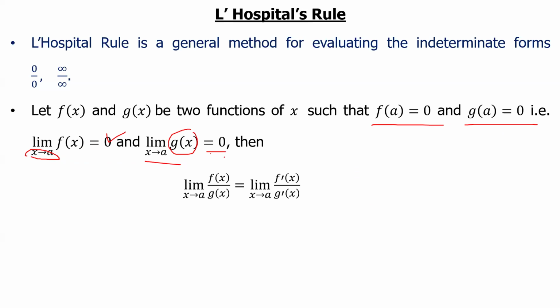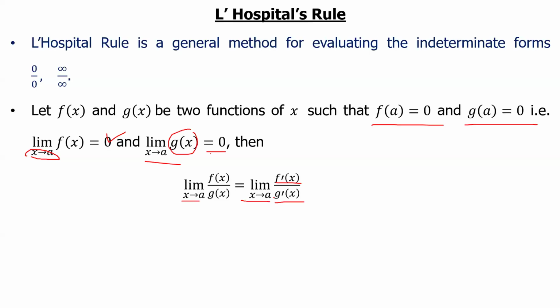Then limit of f(x) upon g(x) when x tending to a can be written as limit of f'(x) divided by g'(x) when x tending to a. This is called L'Hospital rule.